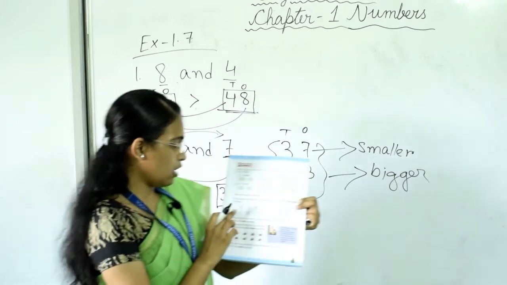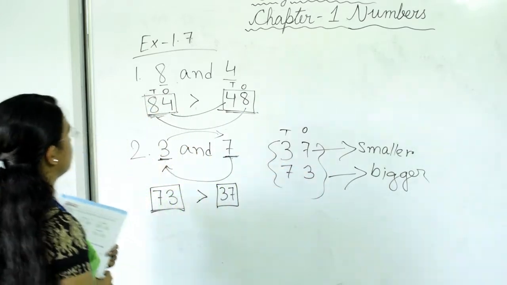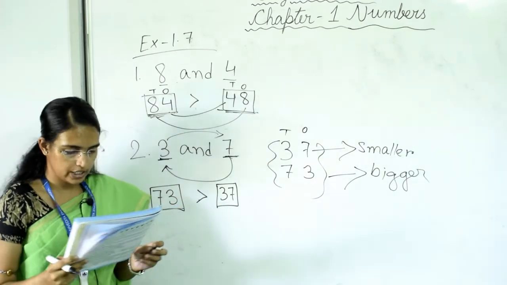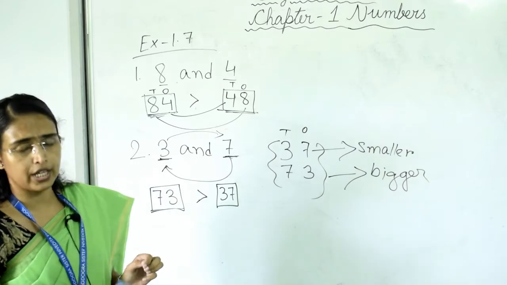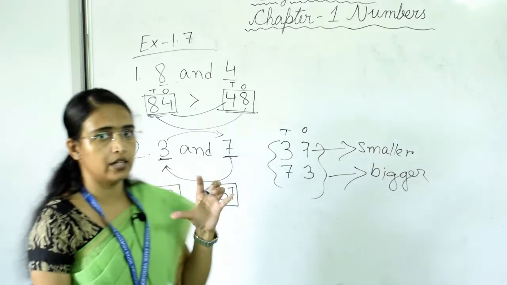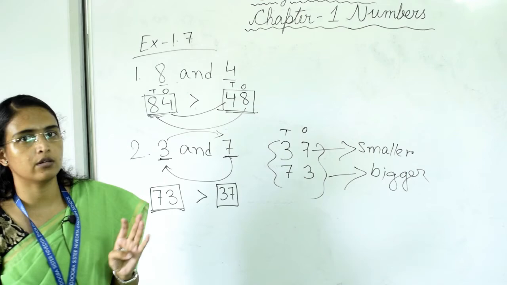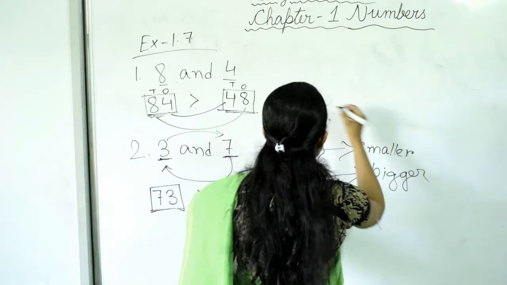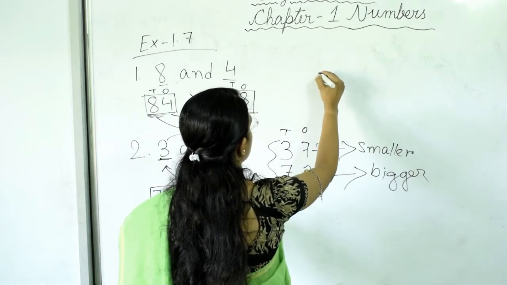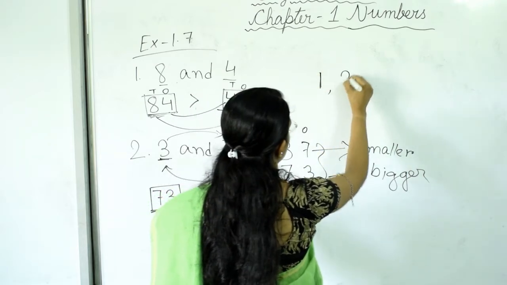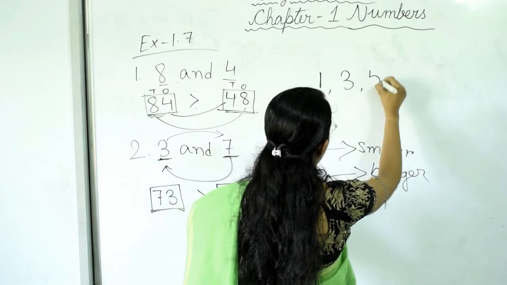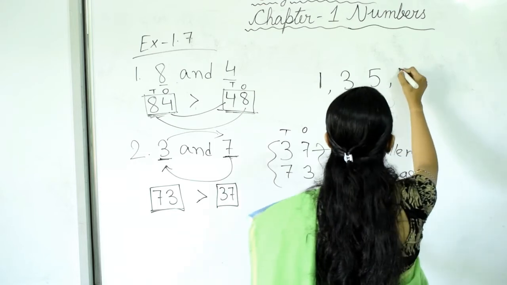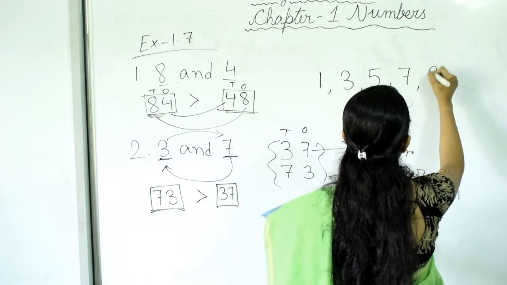Okay, now we will do odd and even numbers. Odd numbers are numbers which we cannot make pairs of. There are a few numbers which we can't make pairs of, for example 1, 3, 5, 7, 9.